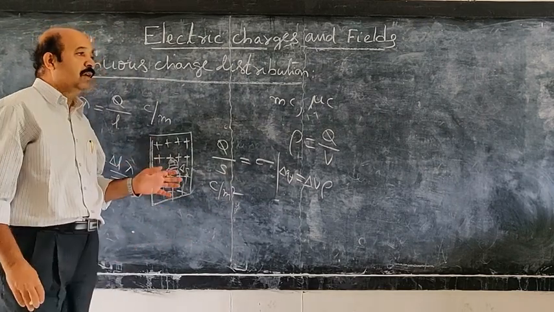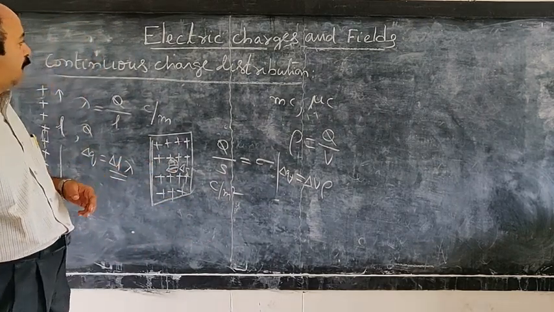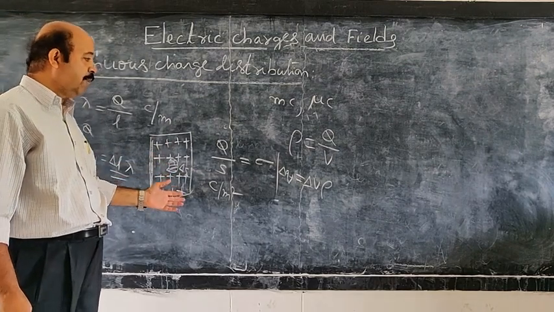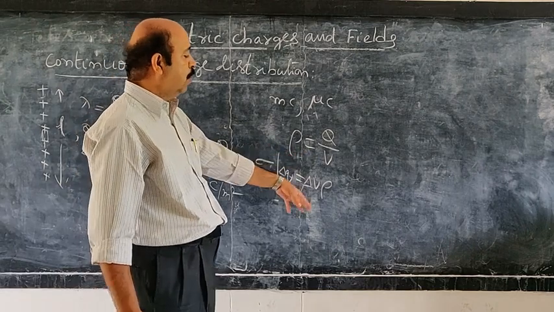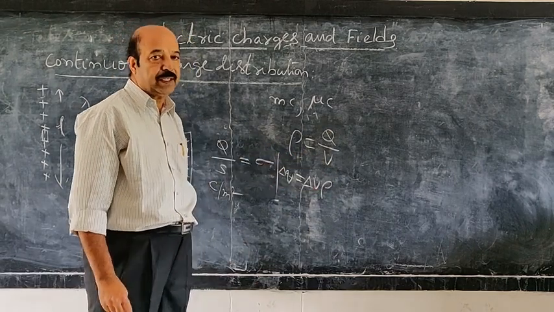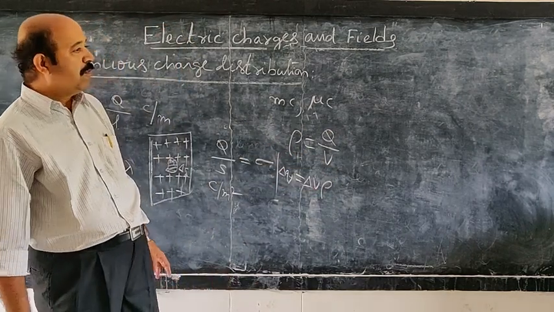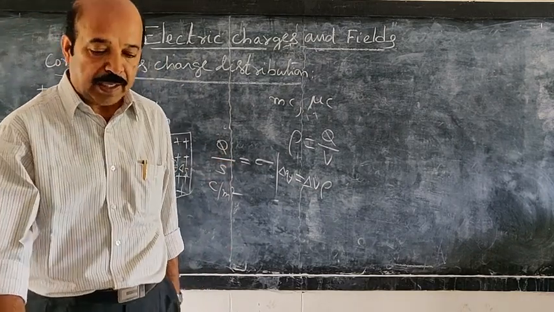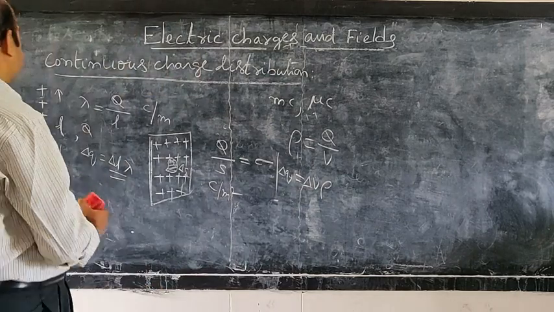So like this, we can define the charge densities: linear charge density, surface charge density, and volume charge density. Here, coulombs per cubic meter will be the unit. We will make use of this while applying Gauss law. So next we will go for Gauss law.